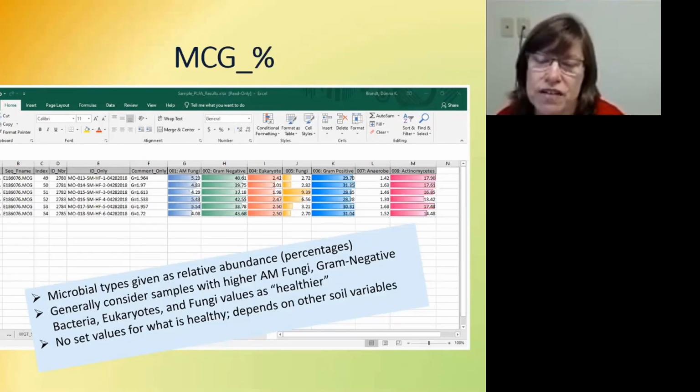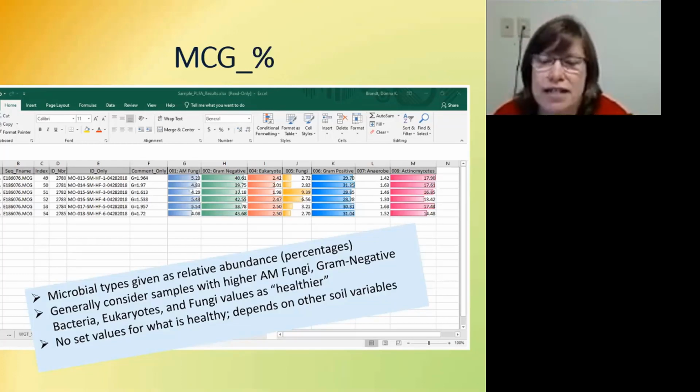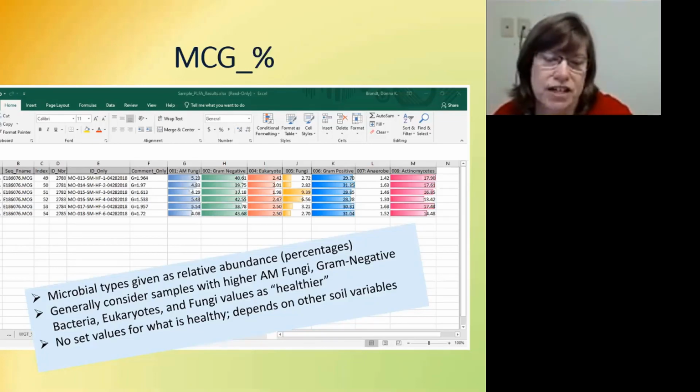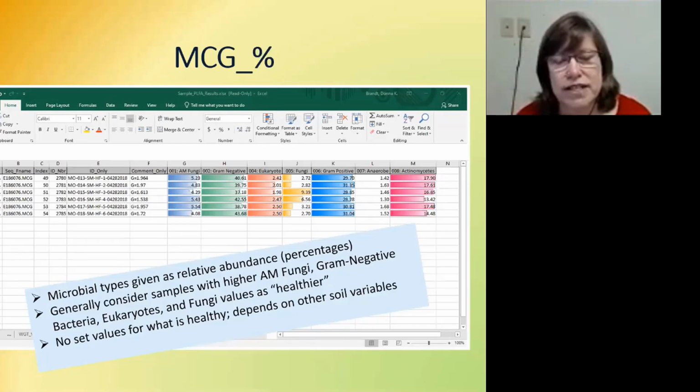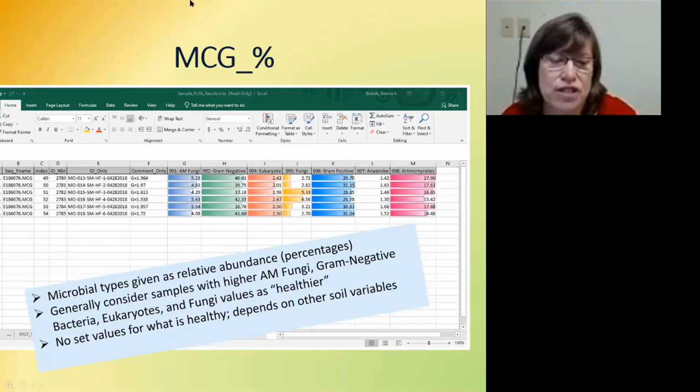So sort of think of this as, what if we made a pie chart of these? So again, you usually think of the samples with higher AM fungi, gram-negative bacteria, eukaryotes, and fungi as being healthier. I don't think there are any set values for what is healthy and what is not, because it depends on other soil variables, and I will discuss those a little bit later.